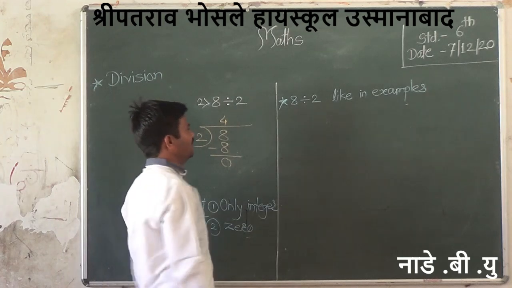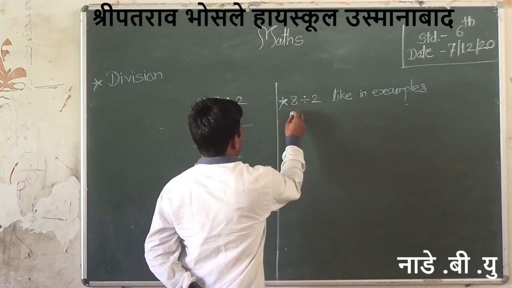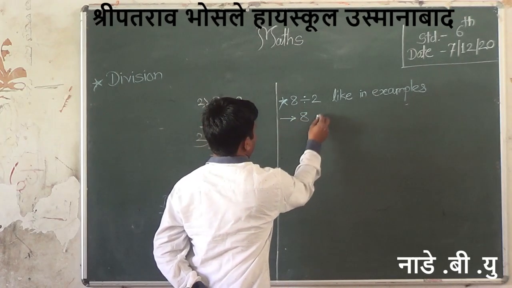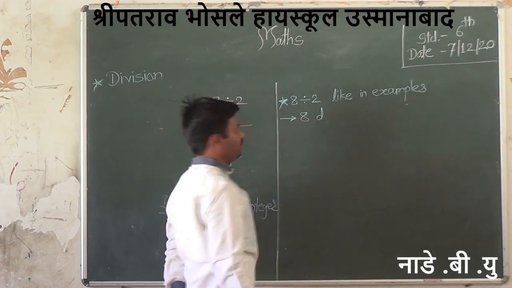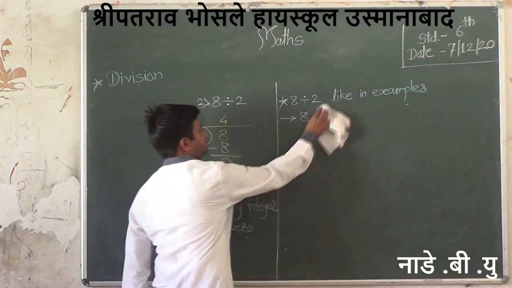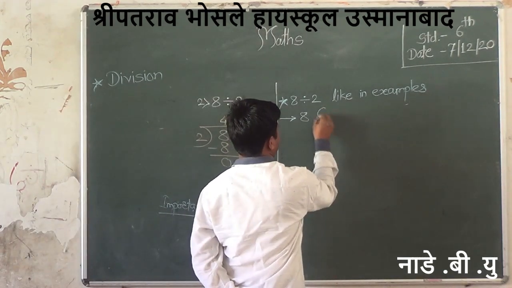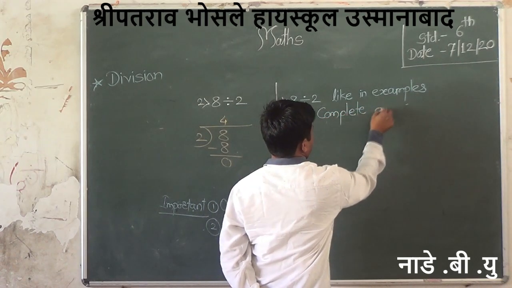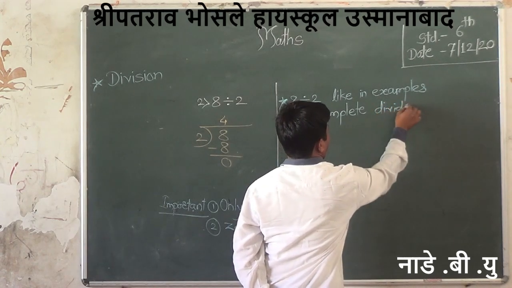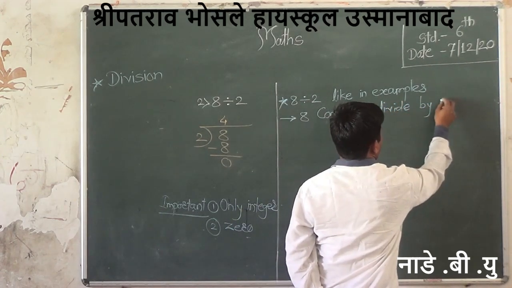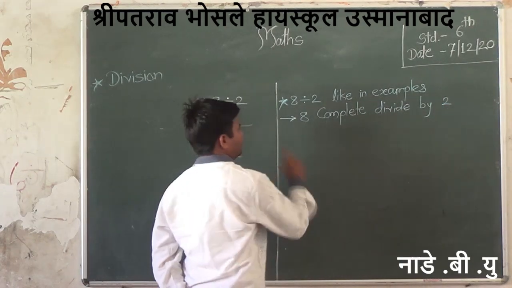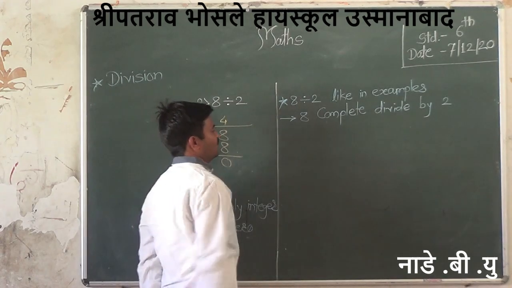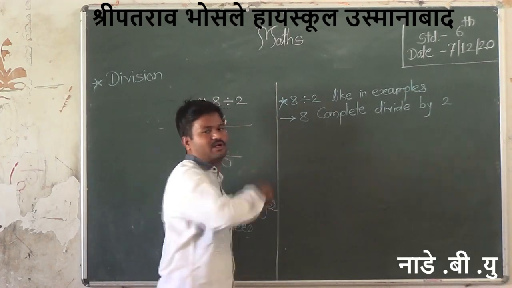For example, 8 is completely divided by 2. Here your concentration is important on these examples of two numbers.